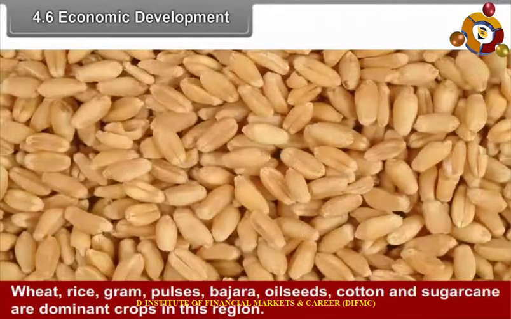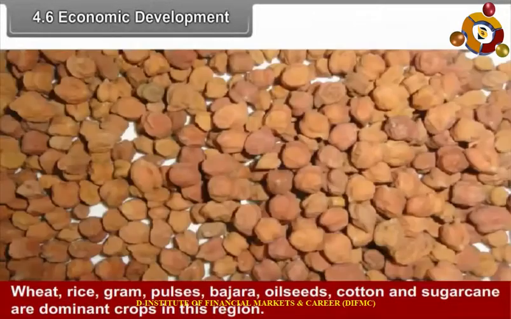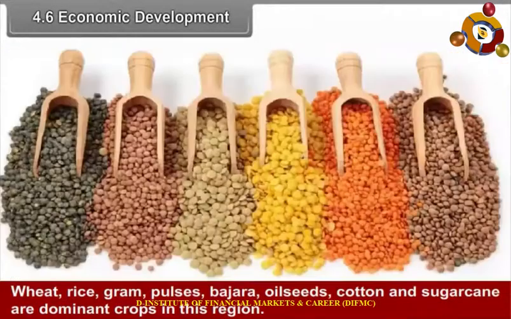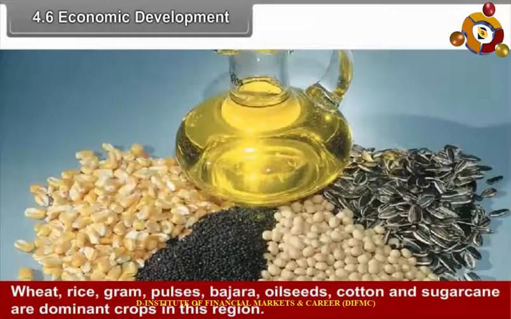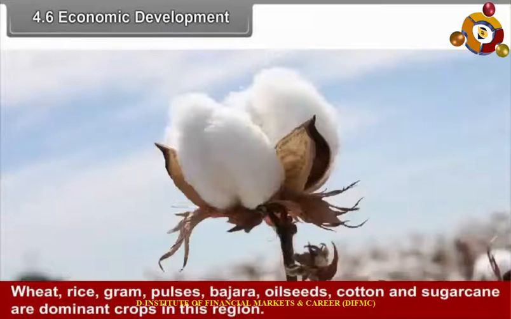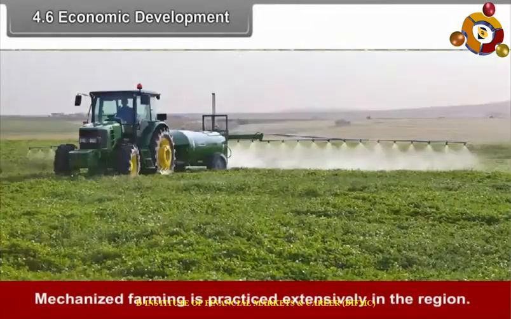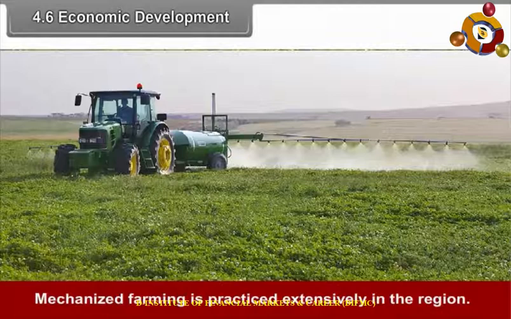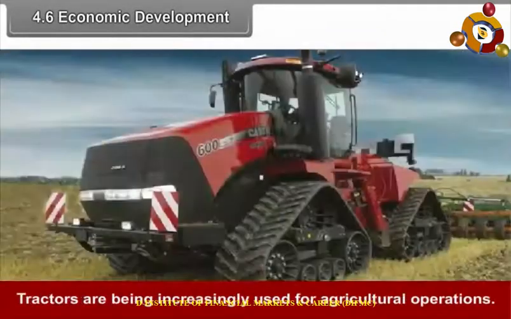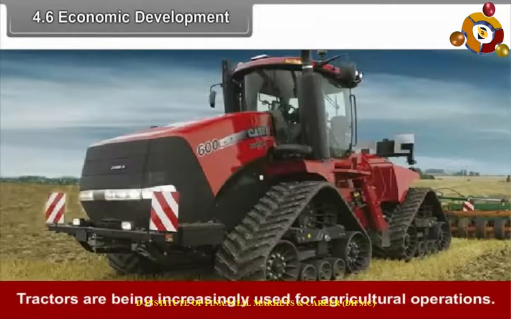Wheat, rice, gram, pulses, bajra, oilseeds, cotton and sugarcane are dominant crops in this region. Mechanized farming is practiced extensively in this region. Tractors are being increasingly used for agricultural operations.